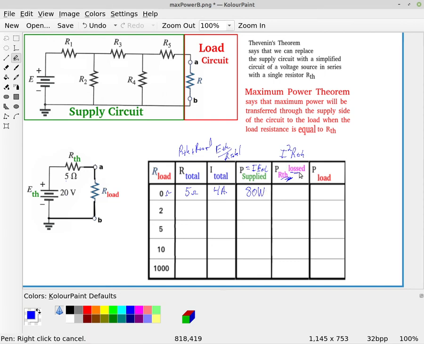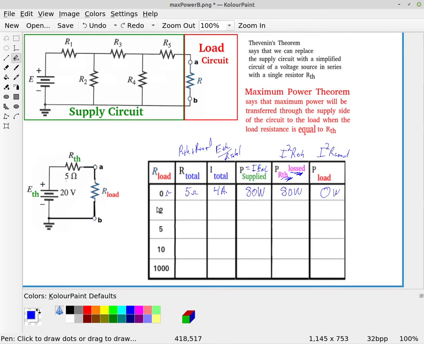The power being lost, the power lost is I squared R, which is 80 watts. And the power getting to the load, well, since the load resistance is 0, this is I squared times R load, but our load is 0, so therefore there is nothing getting to the load. Nothing at all. It's all being utilized inside of this supply circuit.